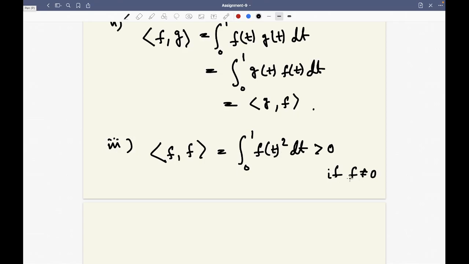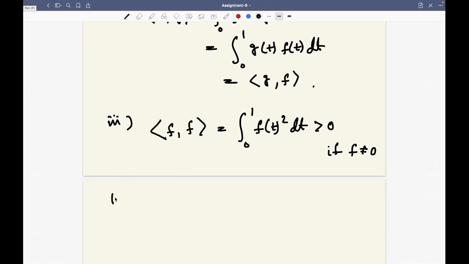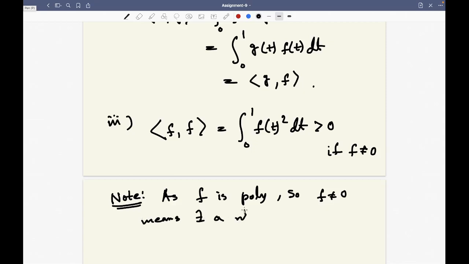Because these are all polynomials, and so continuous, if f is not 0 there will be a neighborhood on which f is non-zero, and for that the integration will be positive. So the inner product will be positive, right?